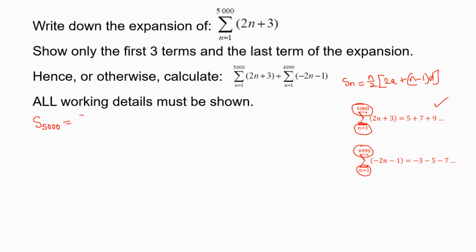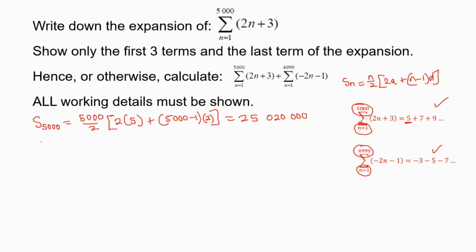So it's 5,000 divided by 2, and then 2 times our first term, which is 5, then plus 5,000 minus 1, times the difference, which is 2. Then you put this in the calculator and you get 25,020,000.